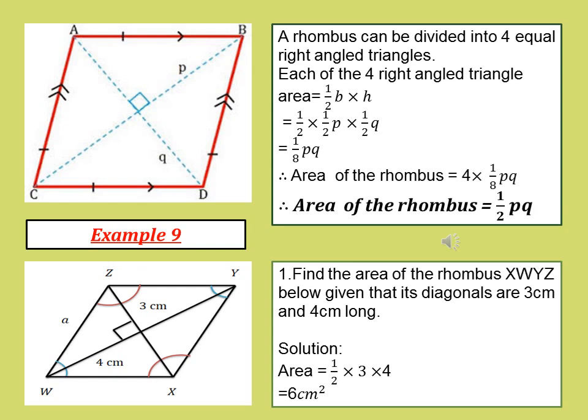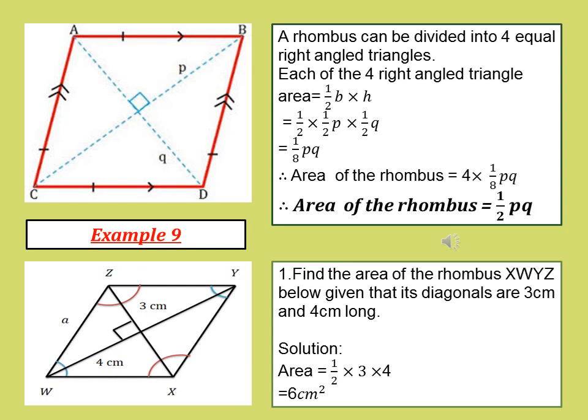So in this case, the area of a triangle, we know, is half base times height. If the diagonal is P, then half of it is half P. And the other diagonal, AD, which is Q, half of it is half of Q. Therefore, the area of one right-angled triangle will be a half base times height.